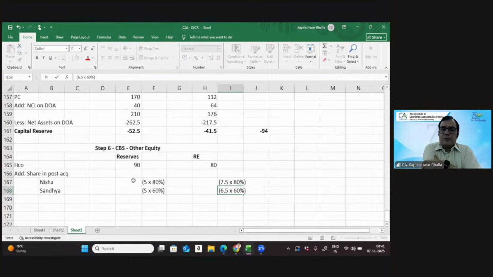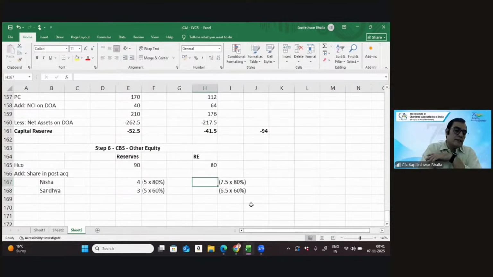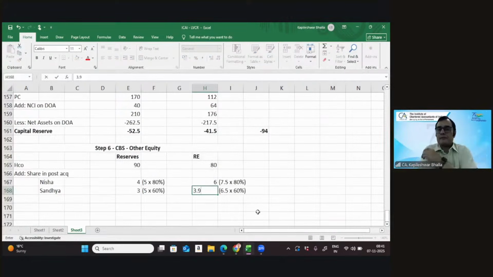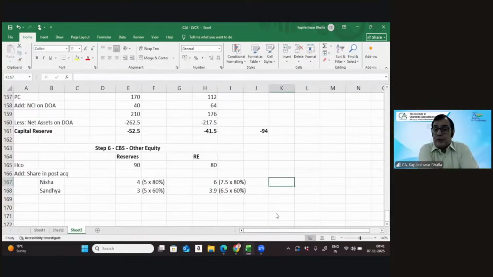So this is the post-acquisition. I guess this is 4, this is 3. 7.5 into 80%, this is 6. 6.5 into 60%, and I think that's 3.9. The post acquisition is done.